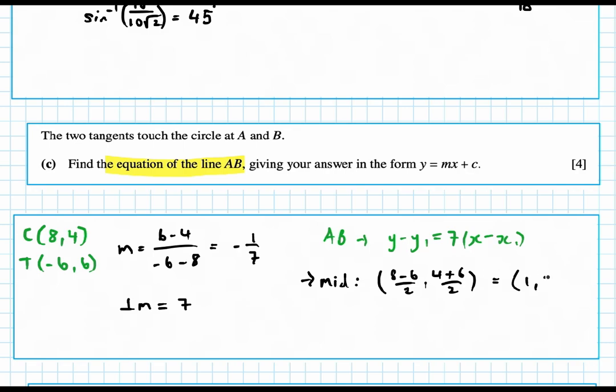So plug them in, you'll get y minus 5 is equal to 7, x minus 1. The final answer will be simplified as it's stated in the form y equals mx plus c. Y is equal to 7x minus 2. And that's our equation of the line AB.